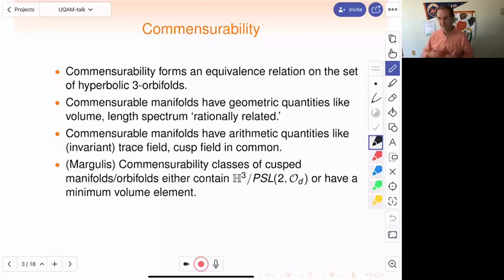And then if we want to look more globally at the classes of hyperbolic 3-manifolds and orbifolds, in fact, I'll stick to cusped hyperbolic 3-manifolds and orbifolds, we actually have this nice dichotomy for commensurability classes, that either commensurability classes have a particularly nice element, H3 mod PSL2 of O_d.